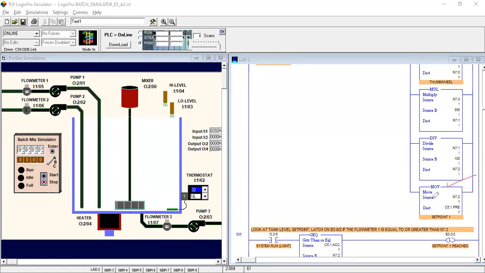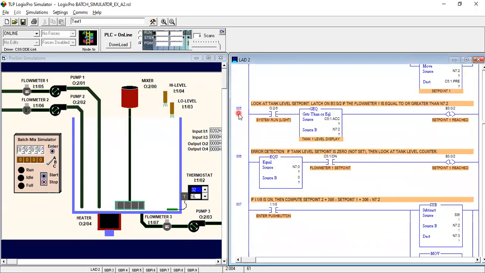The move instruction moves your integer value to our counter. In the destination you put the counter preset value, and the counter preset value senses this value. If your value comes as 2 in this source, it will also show 2. If it shows 100, it will also show 100.